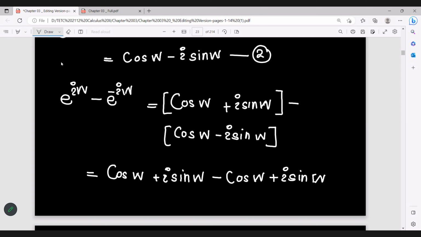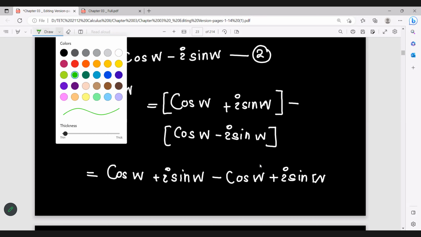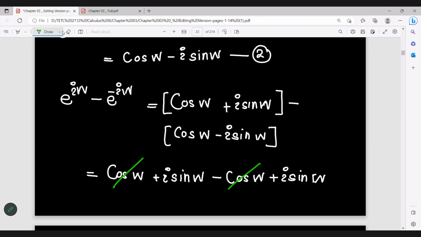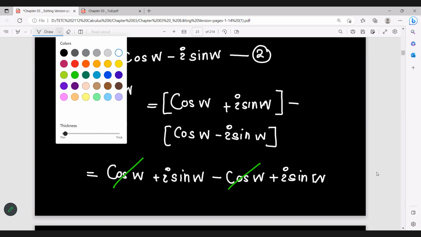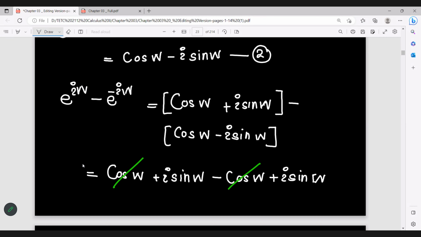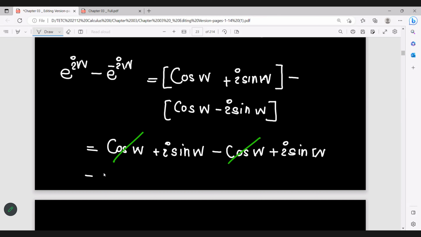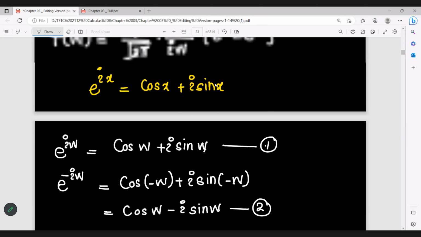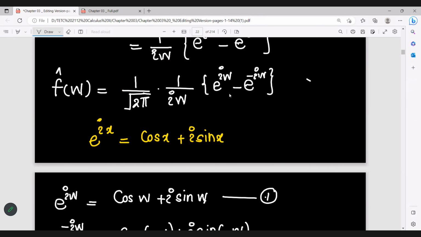So here we can see that this cos w and this cos w cancel out. So the remaining part is what? This is equal to 2i sine w. So this is the expression that we have obtained for the bracket term.